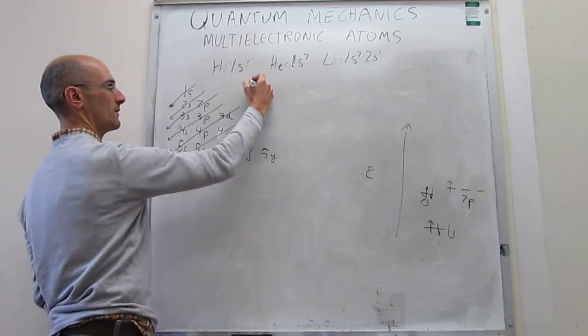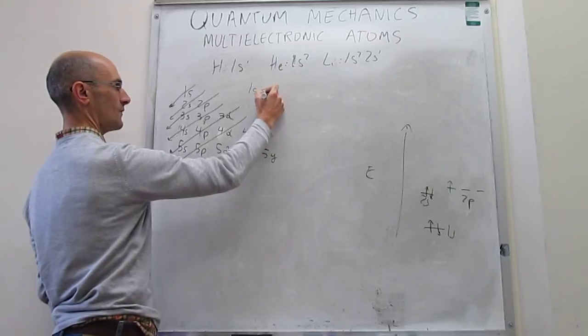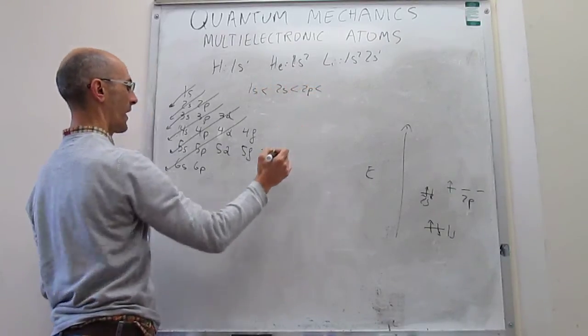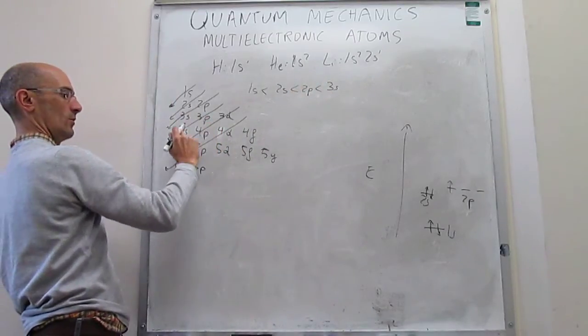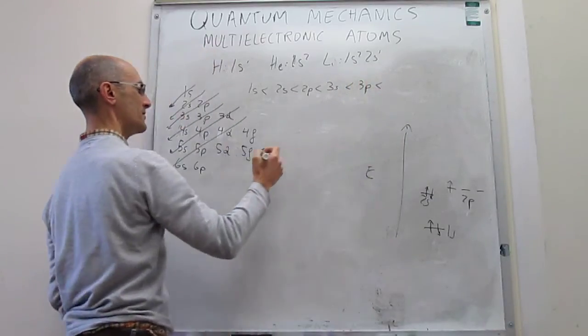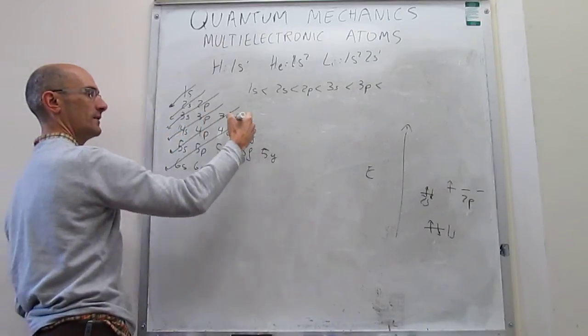Which we can write as follows: 1s has lower energy than 2s, lower energy than 2p, lower energy than 3s, the next will be 3p, then 4s, and after 4s you have 3d.